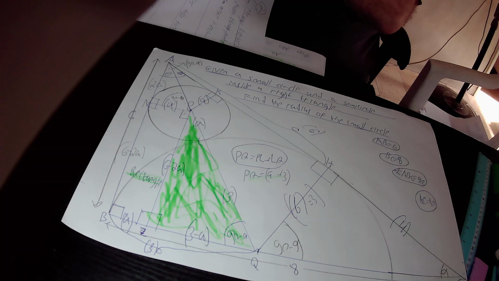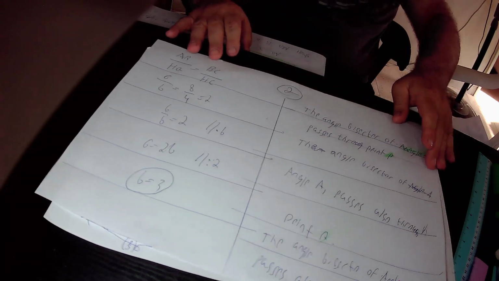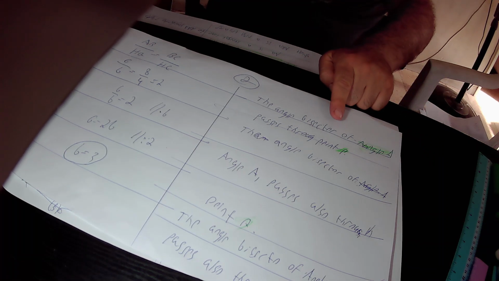So, according to rule 15, the angle bisector of angle A passes through point B.